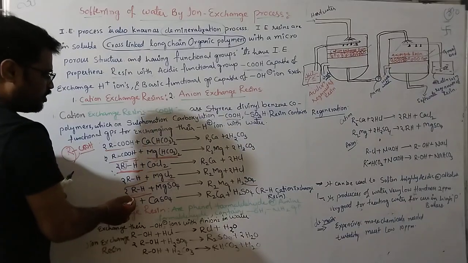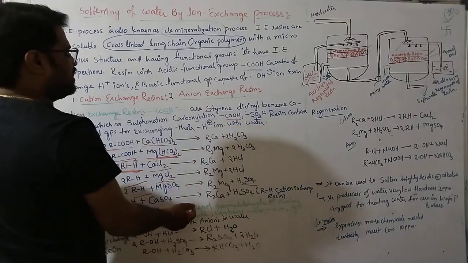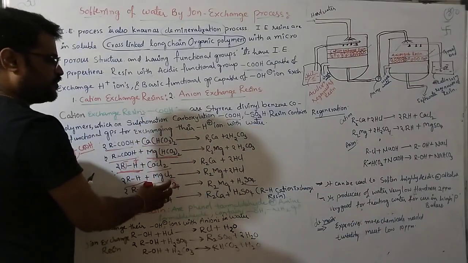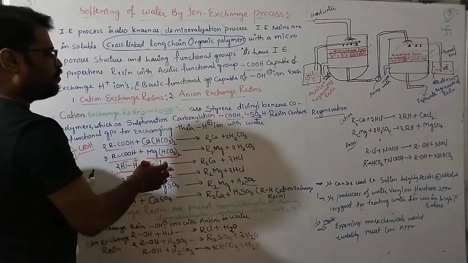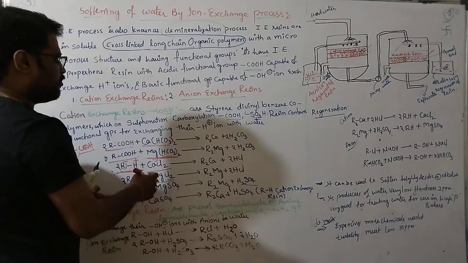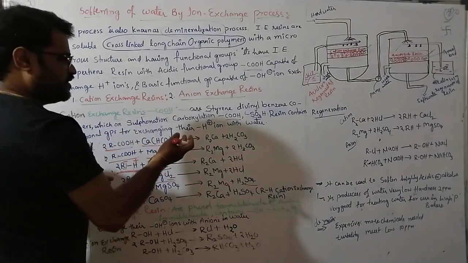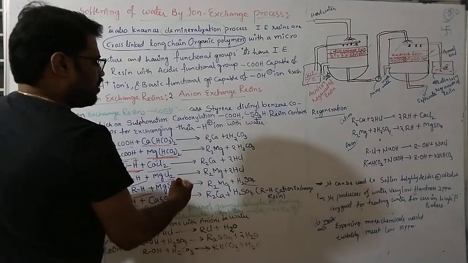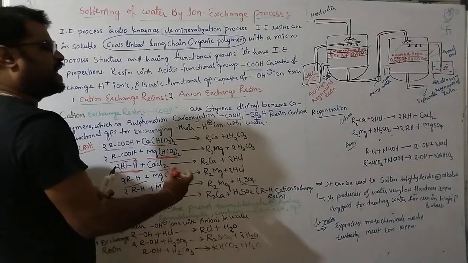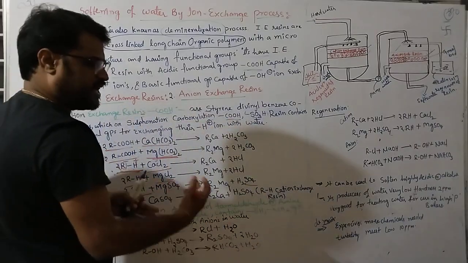The resin carboxylic acid reacts with calcium bicarbonate, magnesium bicarbonate, calcium chloride, and magnesium chloride. The resin carboxylic acid also reacts with magnesium sulfate and calcium sulfate. Whatever impurity compounds the water contains will react with these resins, removing the excess of metal ions.